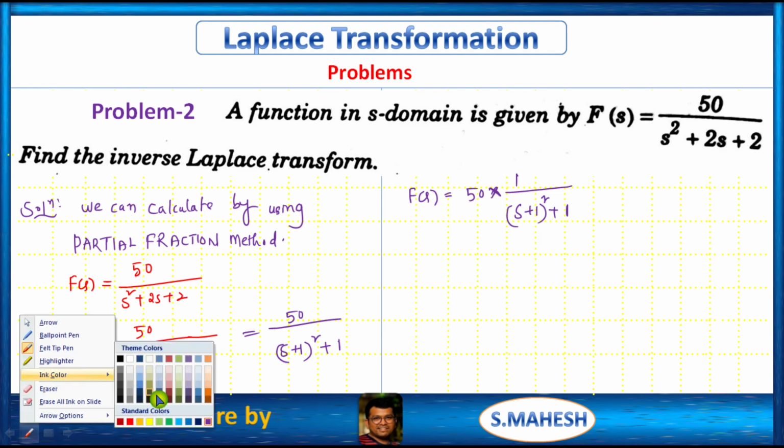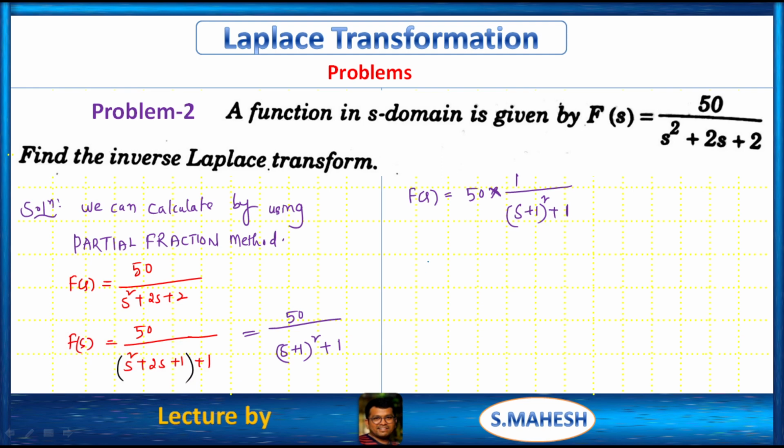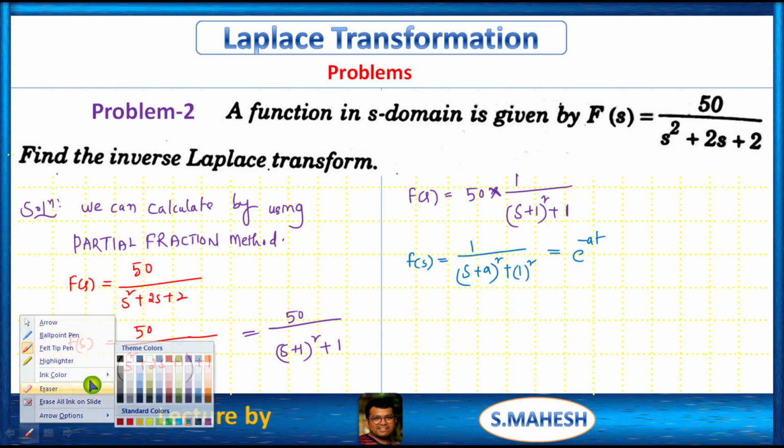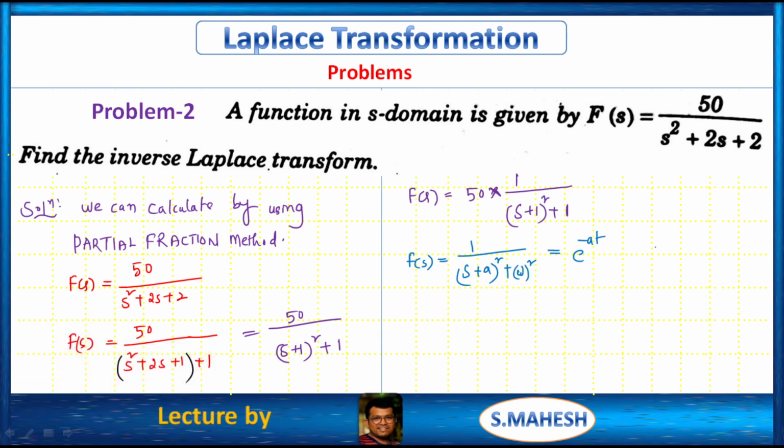We all know the formula, which I have already provided in the formula table: 1 by (s plus a whole square plus omega square) corresponds to (1 by omega) e power minus at sin omega t.